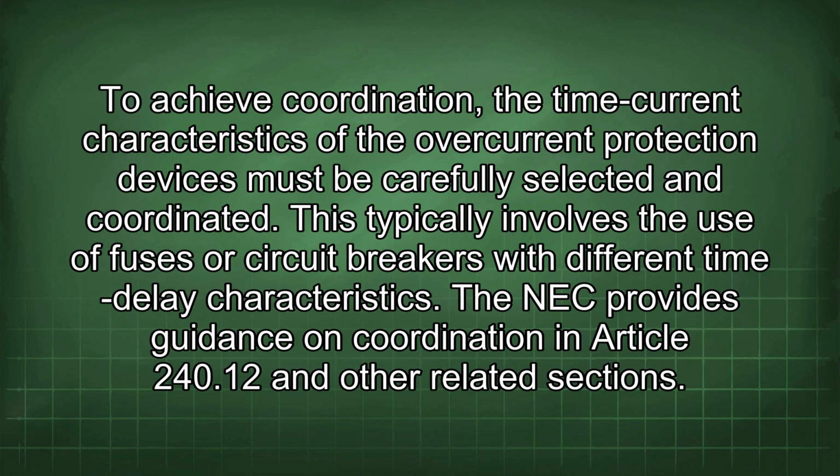To achieve coordination, the time current characteristics of the overcurrent protection devices must be carefully selected and coordinated. This typically involves the use of fuses or circuit breakers with different time delay characteristics. The NEC provides guidance on coordination in Article 240.12 and other related sections.